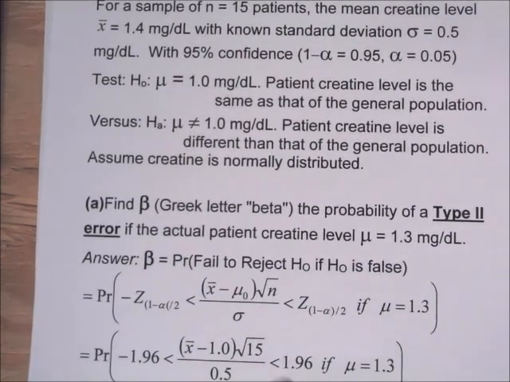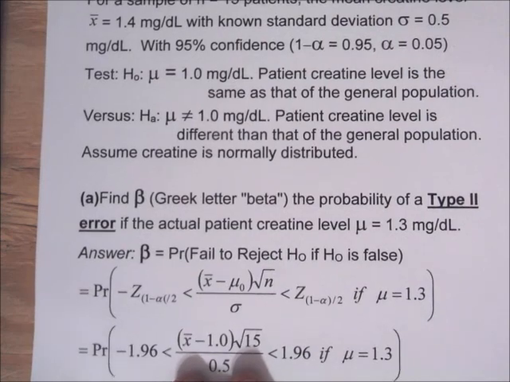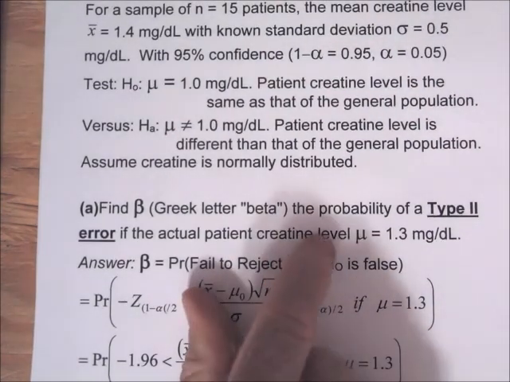And we want to find, part A, beta, the probability of a type 2 error if the actual patient creatine level is 1.3 milligrams per deciliter. In order to compute beta, we need a specific value of mu under the alternative hypothesis.